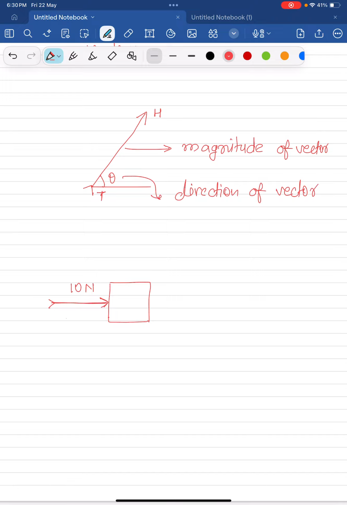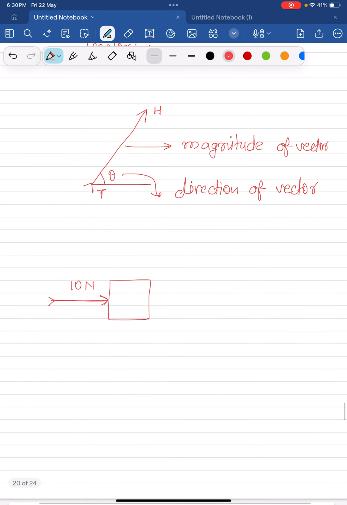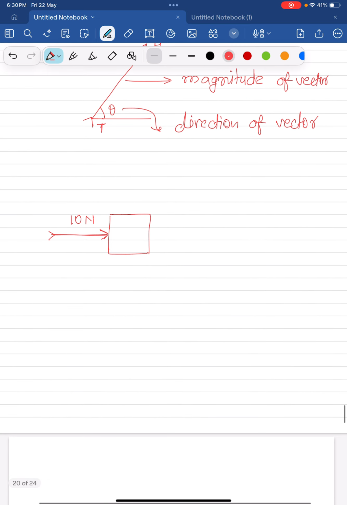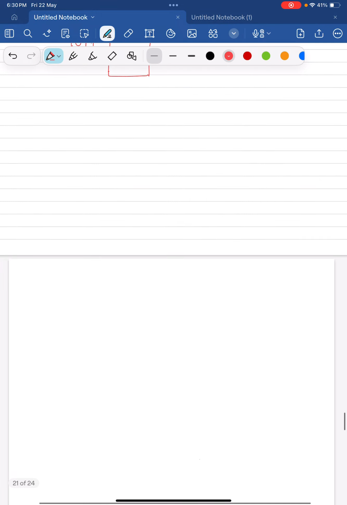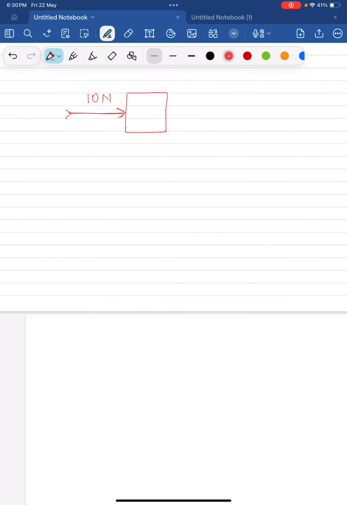So we can say the direction of the force vector is towards the right. So graphically, vectors are represented with the help of an arrow, where the length of the arrow represents the magnitude of the vector and the direction of the arrow represents the direction of the vector.